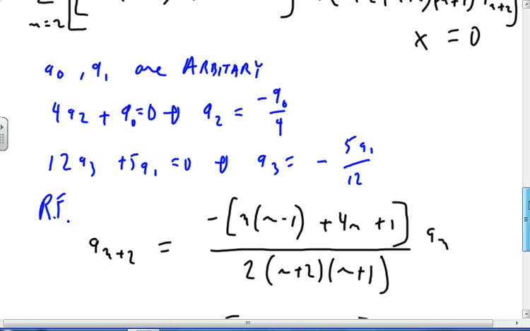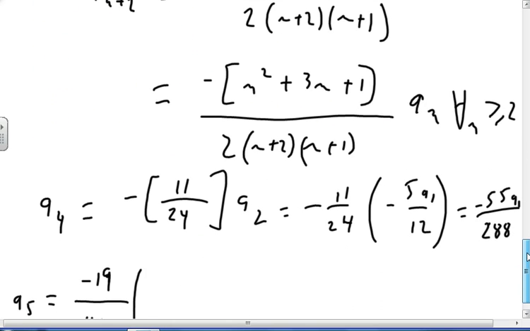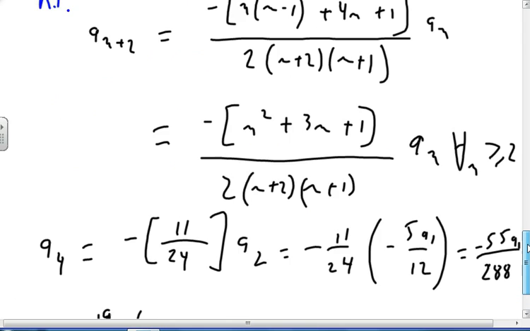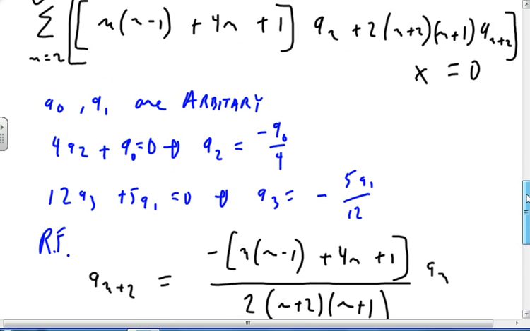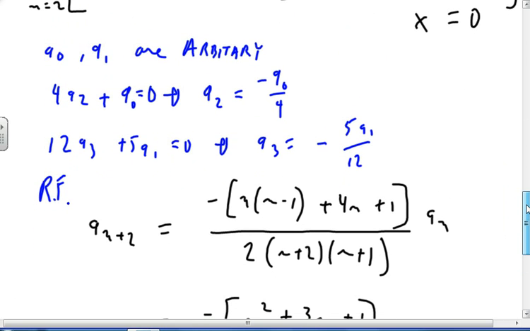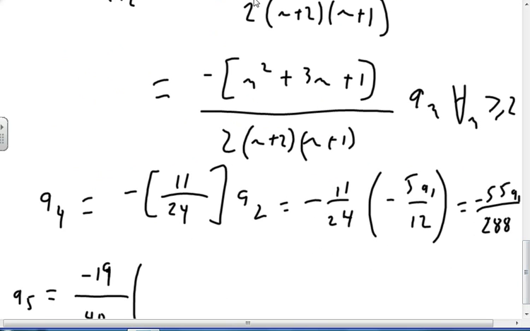A3 is, oh bummer, A2 is minus A0 over 4.